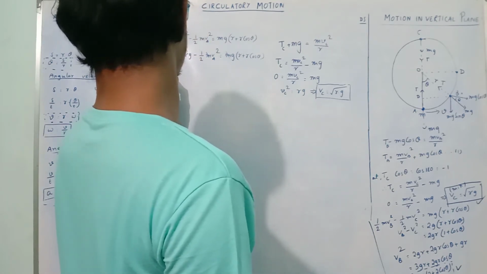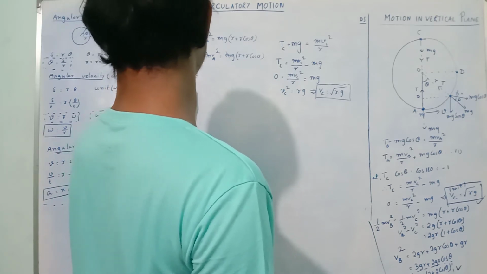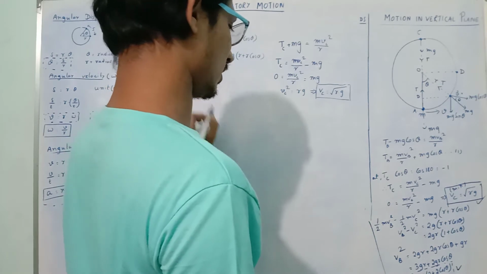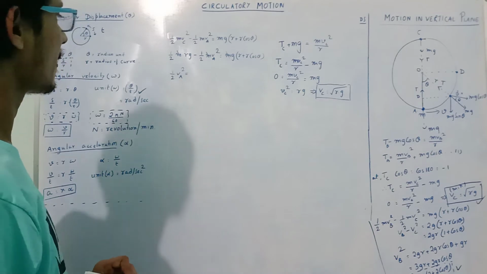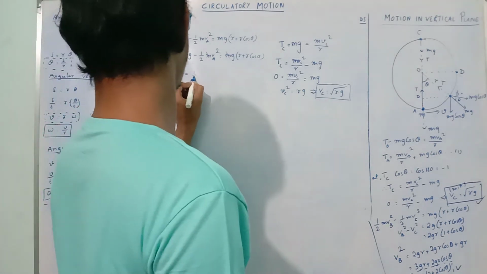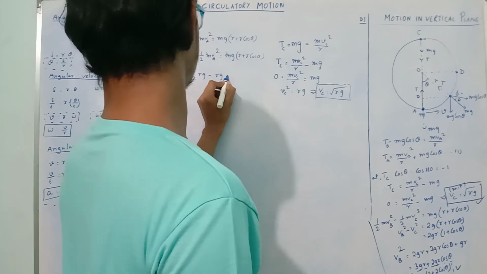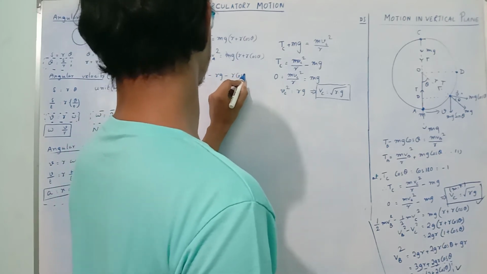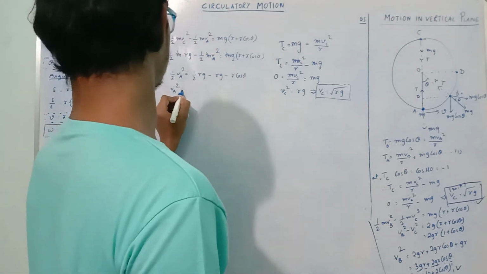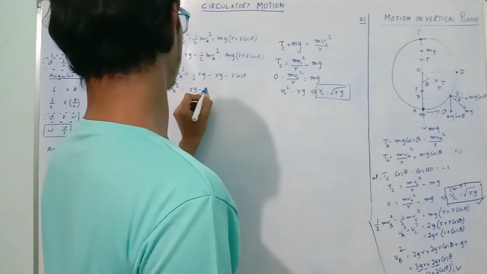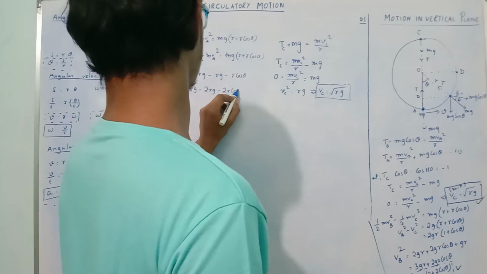So it will become half va square equals half rg minus rg minus r cos theta. So va square will be rg minus 2rg minus 2r cos theta.